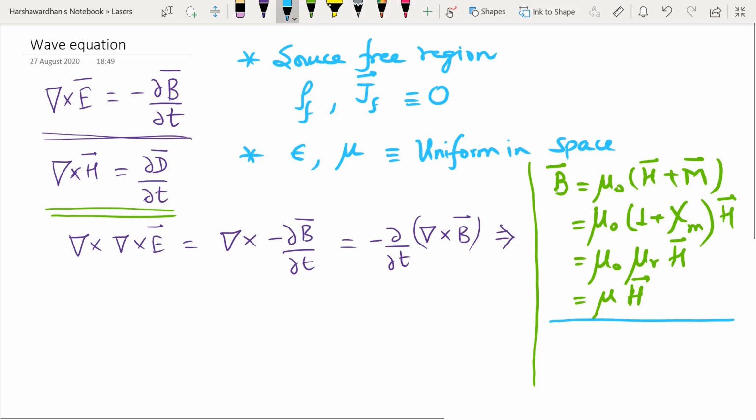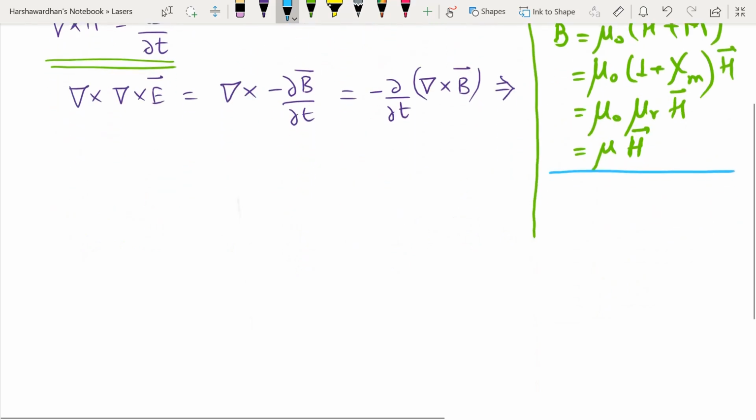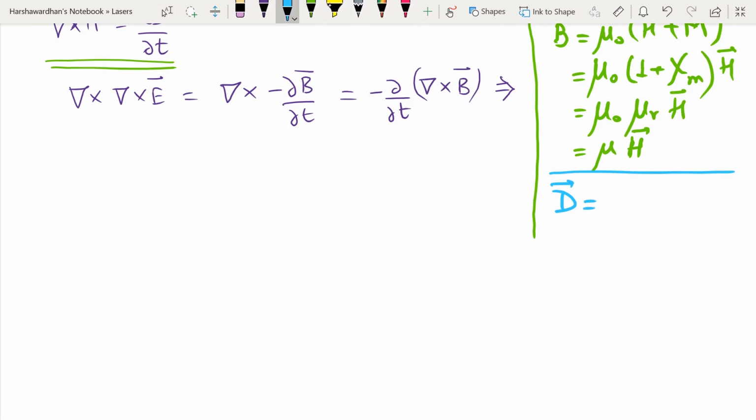The second aside is what again you know, which is got to do with the displacement vector. So D is epsilon naught E plus the polarization.